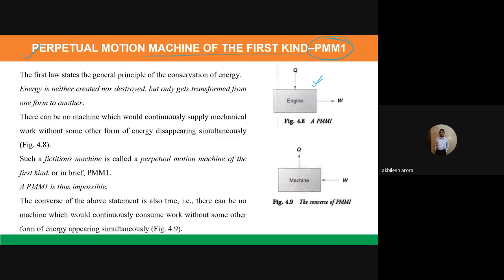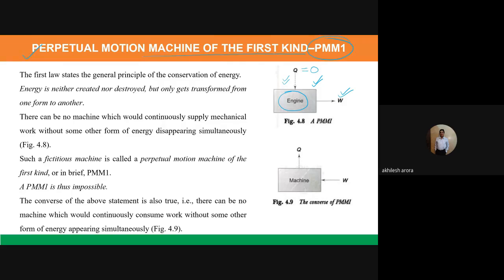Suppose we supply some heat energy to an engine, then it converts that heat energy into work. So we are considering an engine here, and we say that it is giving us some work W, and this is shown by an arrow with dotted lines, and we say that the energy which we are inputting into it in the form of heat is equal to zero.